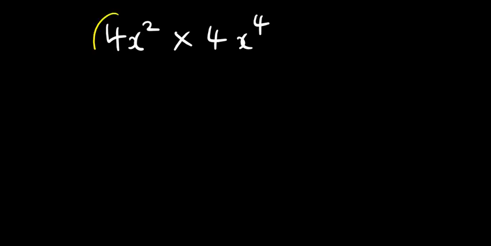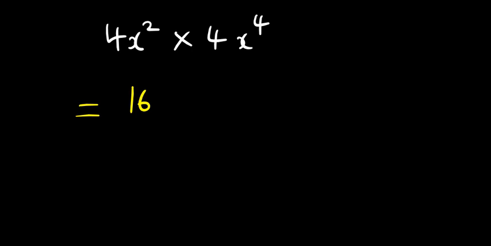Let's solve another one. Let's say this time around I've got 4x to the power 2 multiplied by 4x to the power 4. Okay, so how do we solve such a one? First multiply the numbers, then move on to multiply the variables. So in this case, I'm going to have 4 multiplied by 4, that will give me 16.